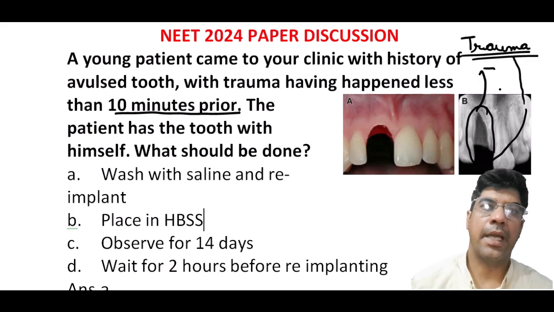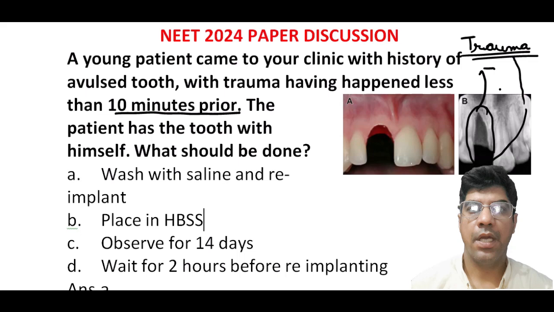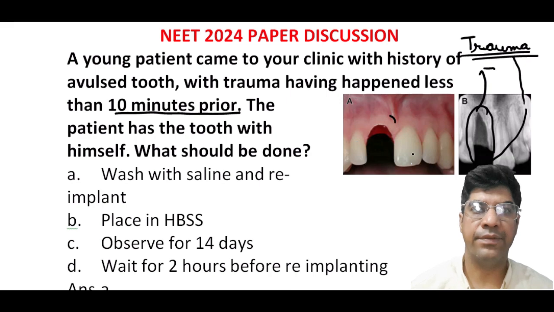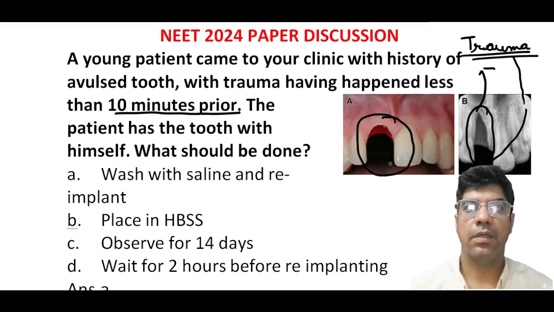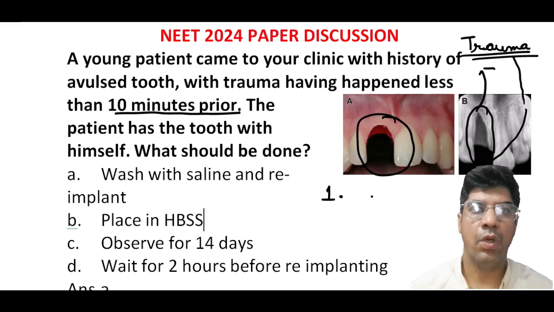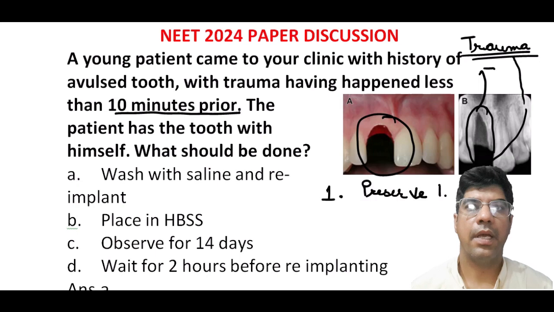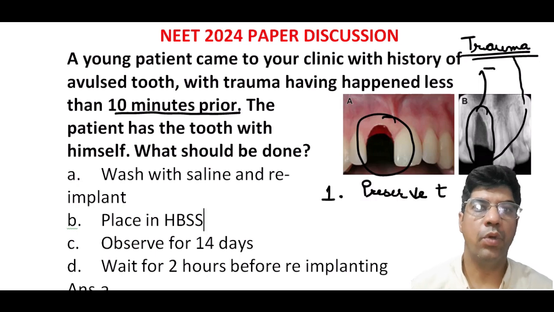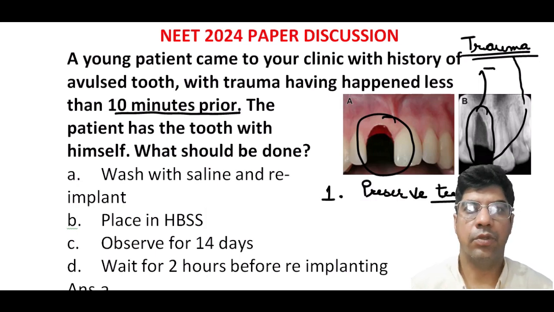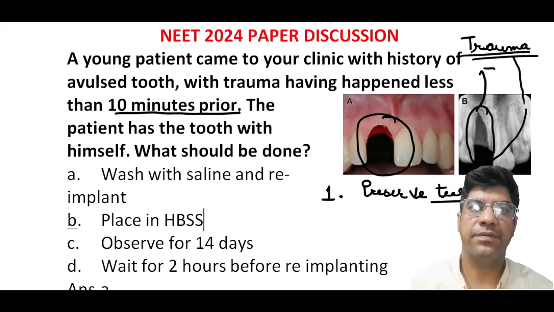Now this is a time sensitive situation, and our primary goal is to preserve the tooth. The primary goal is to preserve the tooth, and the next goal is to reimplant it. So we have to increase the chance of successful reimplantation.